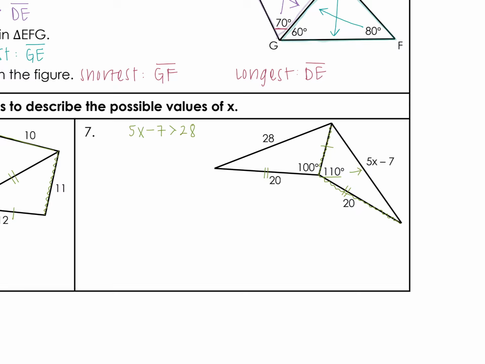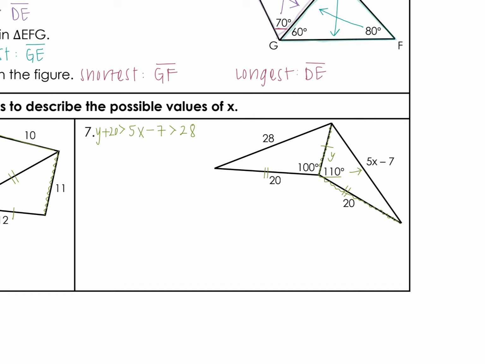And so on the other side, I'm going to kind of set that up with that. But since I don't know this side here, I'm going to label it y. We're going to say that y plus that 20 should be greater than my 5x minus 7, which will then be greater than the 28.